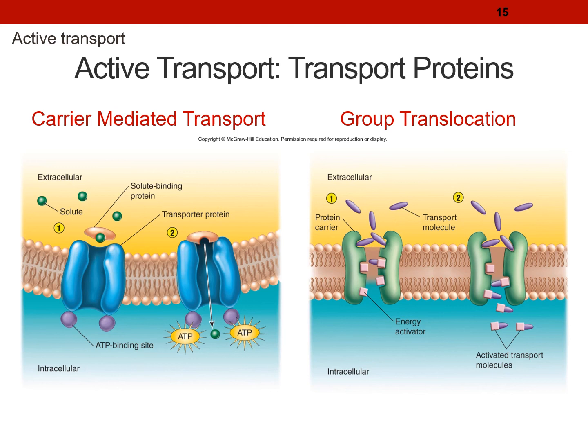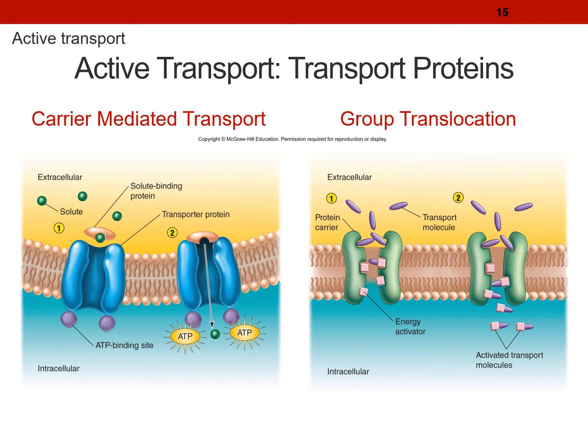On the right, group translocation is another form of active transport. In group translocation, molecules are modified as they travel through the transport protein. In this example, the molecule binds to the protein and it is chemically altered or activated for immediate use once it enters the cell.